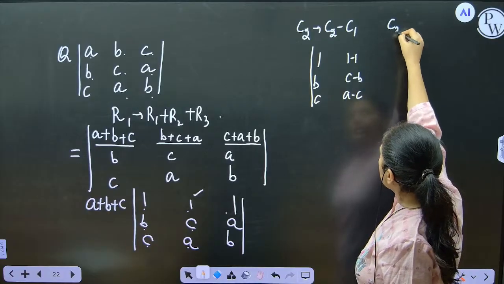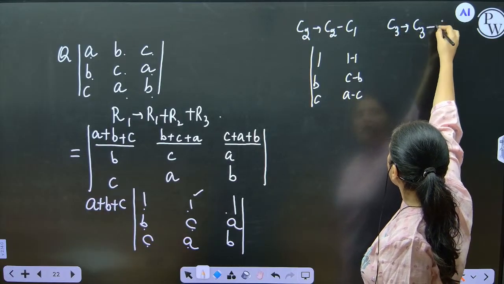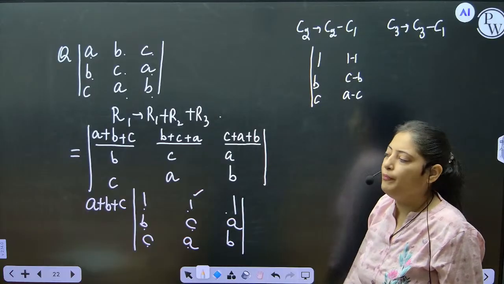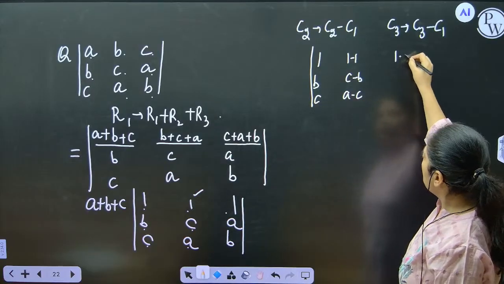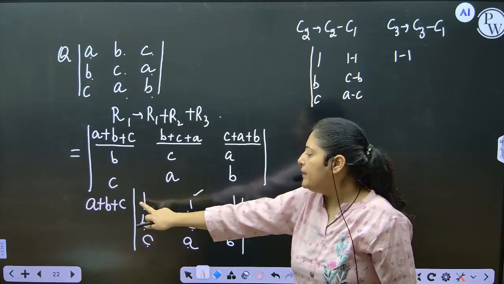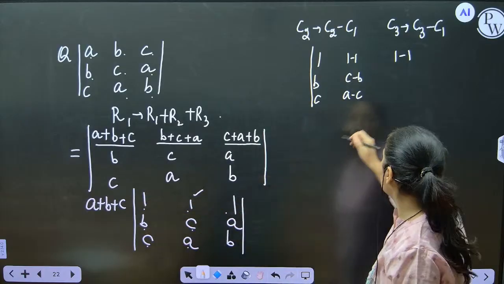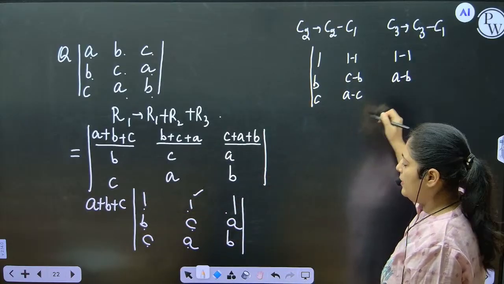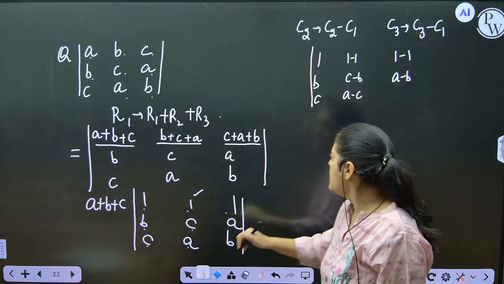And similarly in C3 also I am subtracting C1. 1 minus 1, A minus B and B minus C.